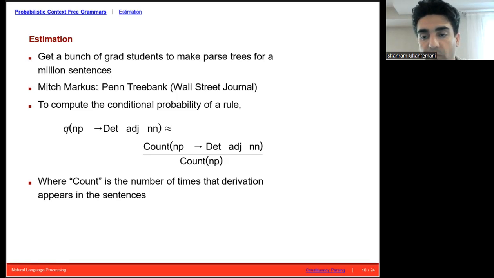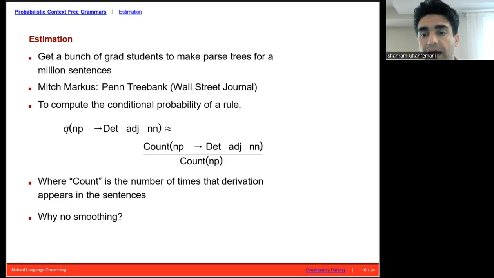So if you want the conditional probability of a noun phrase turning into a determiner adjective noun, then all you do is take the MLE estimate of the number of times you saw the derivation NP goes to determiner adjective noun, and then divide that by the total number of times you ever saw NP as the head of a rule.